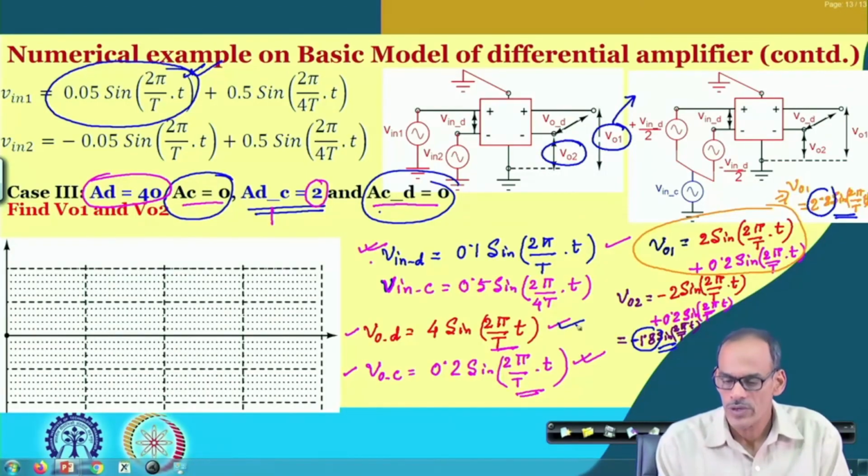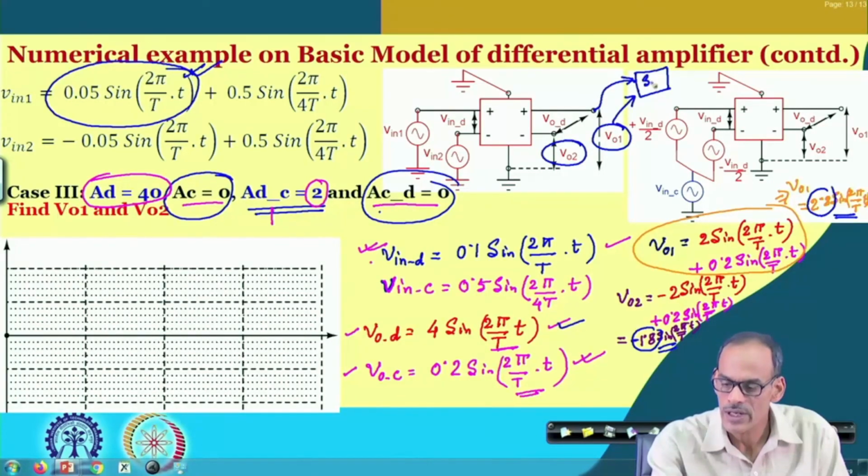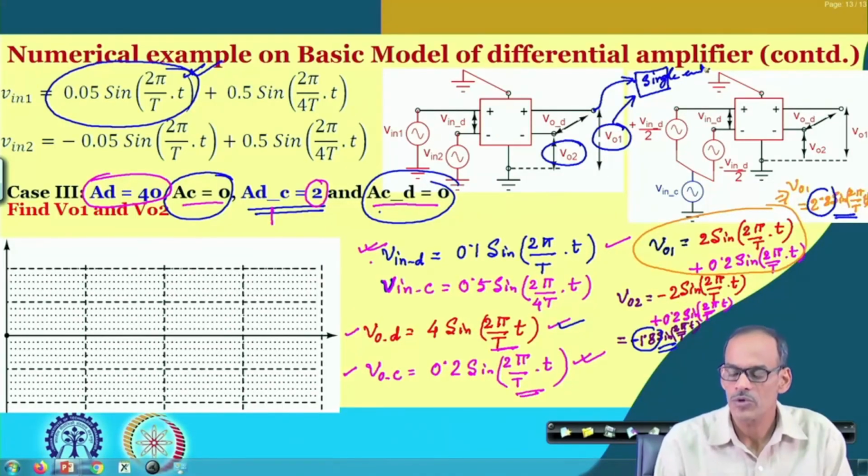So, in this situation, without using any other differential circuit, you can extract the information from any one of them, or you may say that if I put a single ended circuit, from that we can get the desired signal.